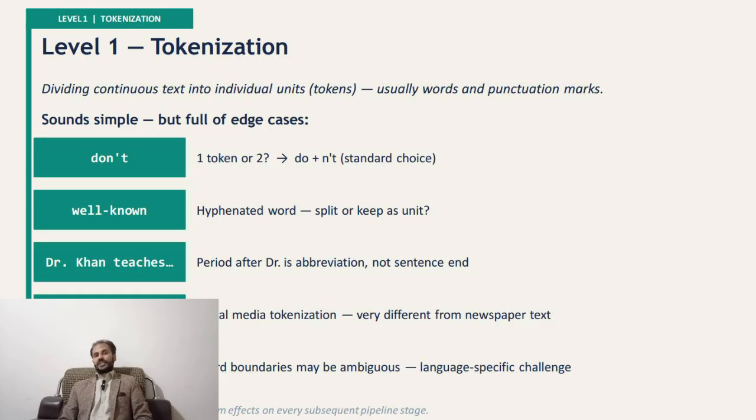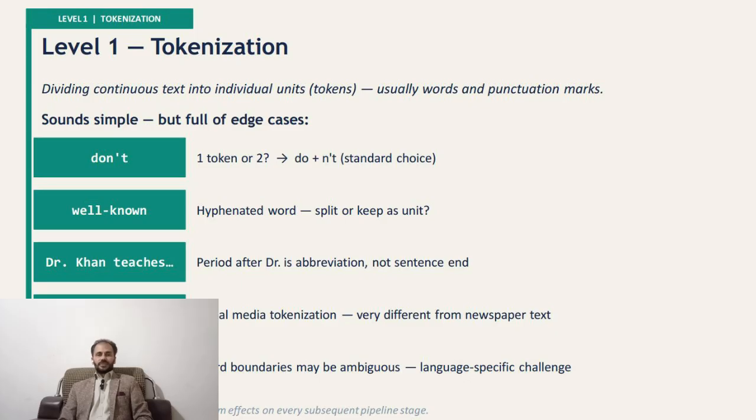Level 1, tokenization. Tokenization is the most basic level of annotation. It simply means dividing a continuous text into individual units. Tokens are words and punctuation marks. This is a very difficult process. For example, what will you do with contracted forms?